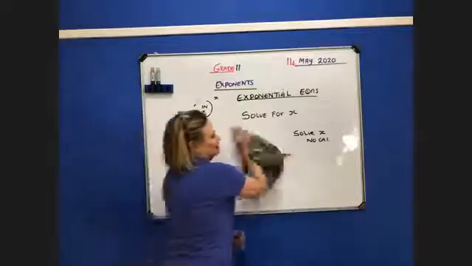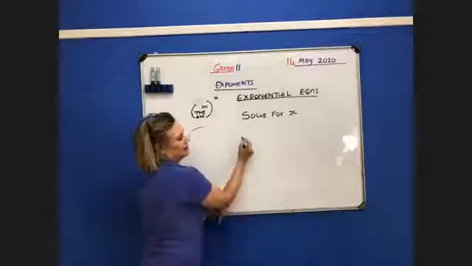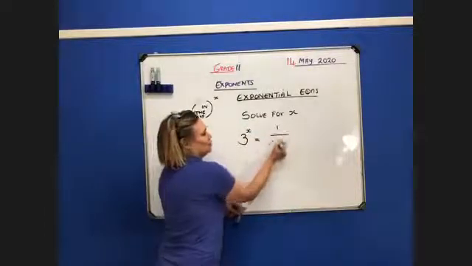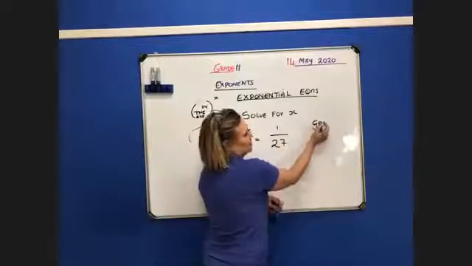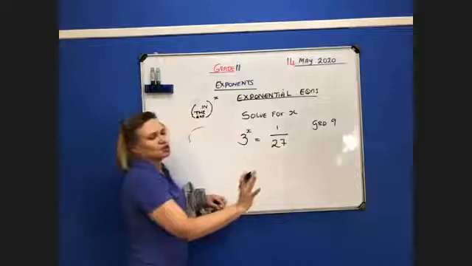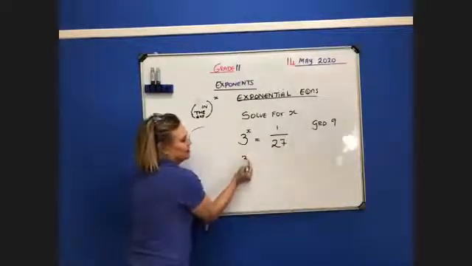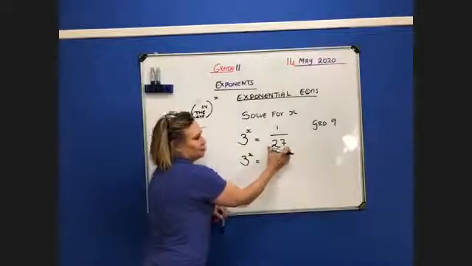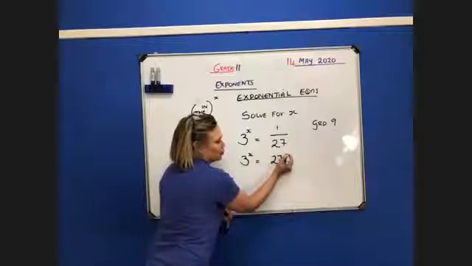If I raise the level a little bit, still grade 9. Let's say I've got 3 to the x equals 1 over 27. This is still grade 9. It's not grade 10 or 11. But you see, 3 to the x is prime. 27, you can jump the line, change the sign of the exponent.